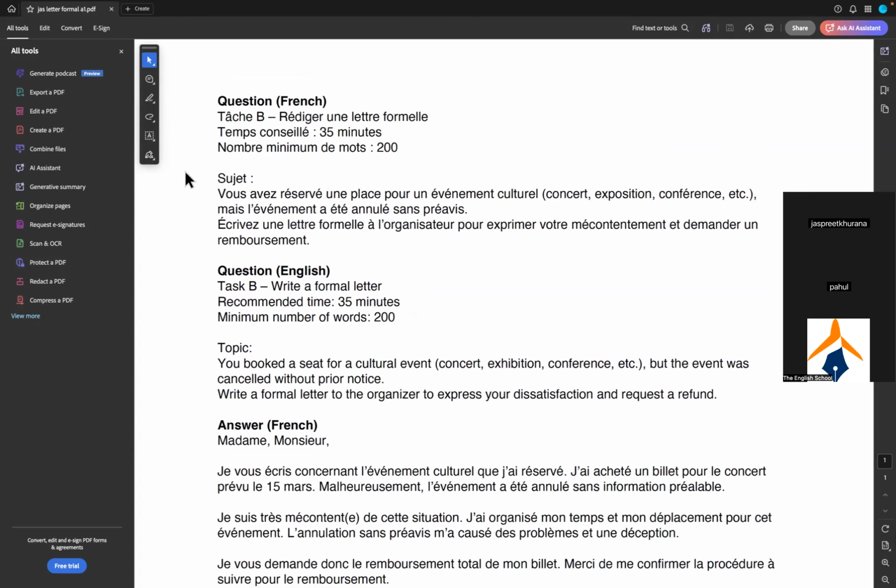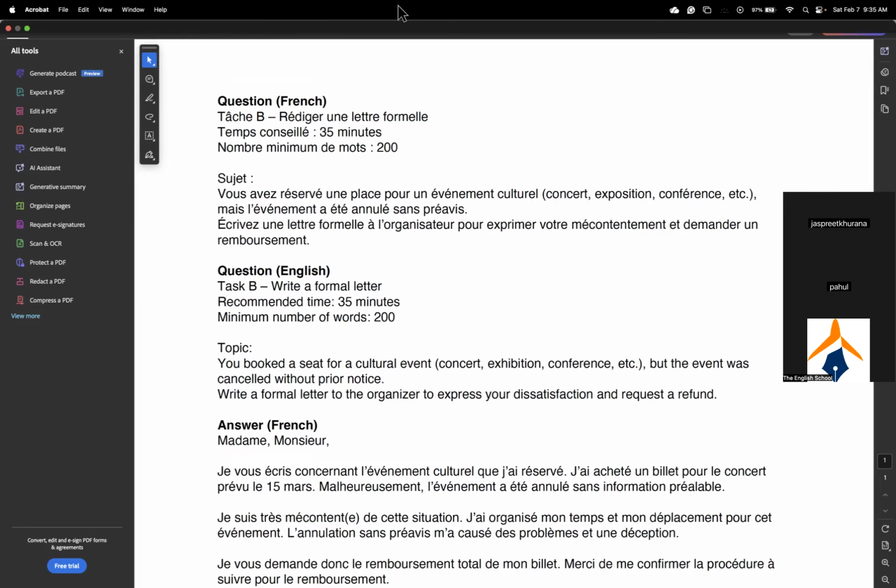That means you booked, vous avez réservé, you have booked une place, a place, okay, a seat pour un événement culturel, that is a cultural event. It can be a concert, it can be an exhibition, it can be a conference, etc. Mais l'événement, but the event, a été, was, annulé. Annulé means cancelled. Okay. Sans préavis, without prior notice, without informing you. Écrivez une lettre. Now you have to write a letter à l'organisateur, to the organizer.